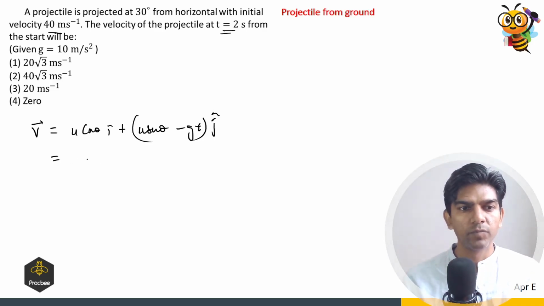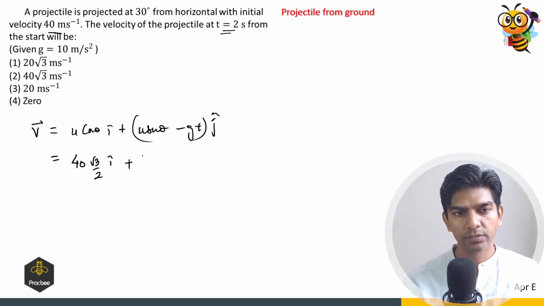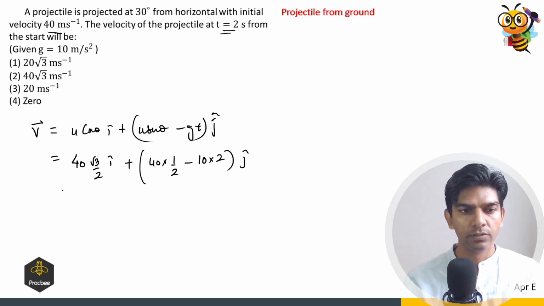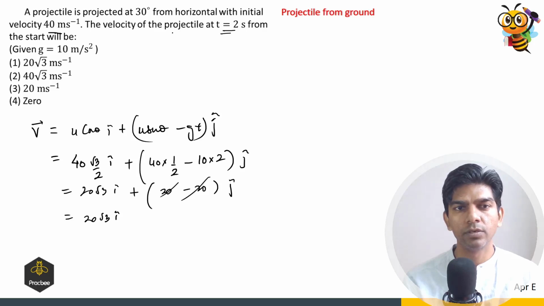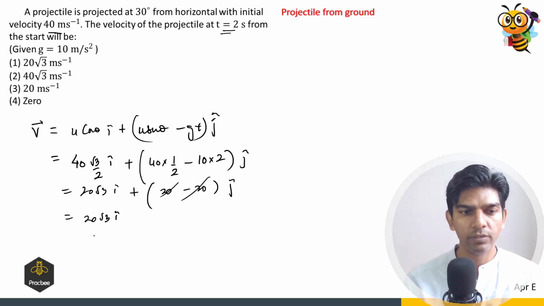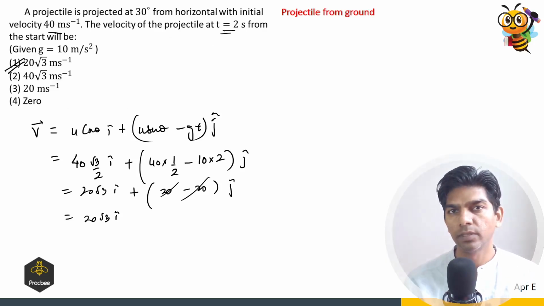Initial velocity is 40, the angle is 30, so it will be 40 times root 3 by 2 i cap plus 40 times sine 30, which is 1 by 2, minus 10 times 2, j cap. So this will be 20 root 3 i cap plus (20 minus 20) j cap. So it is 20 root 3 i cap. So the velocity of the projectile after 2 seconds will be 20 root 3. So option 1 is the right answer.